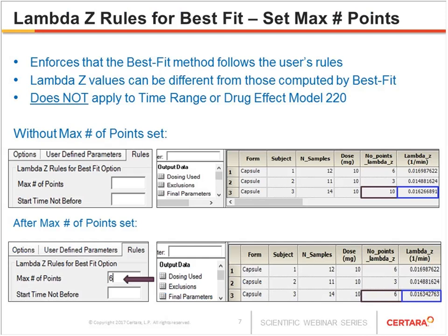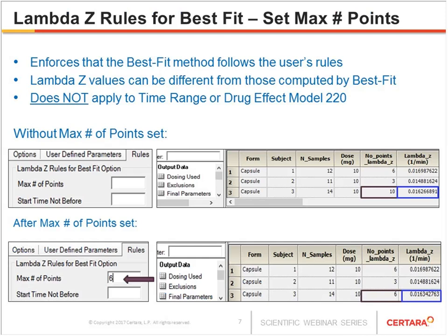So for the Lambda Z, there's a new tab in the settings called Rules, and you can set the rules. Again, there's 2 rules, the maximum number of points and the start time not before. In the middle of the screen, the image is showing the calculation with no rules set. And you can see that the third subject, who has the boxes around it, used 10 points in the Lambda Z calculation.